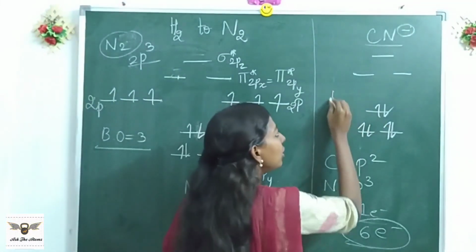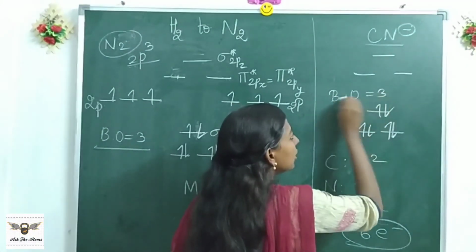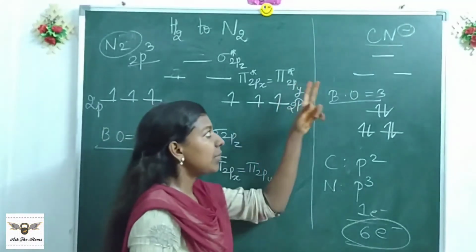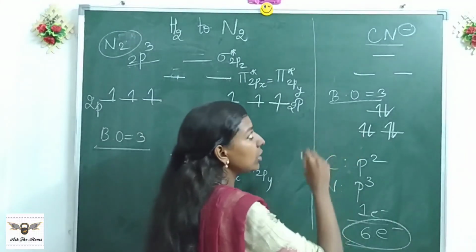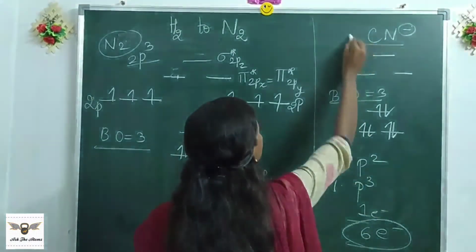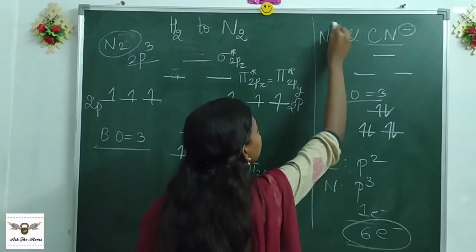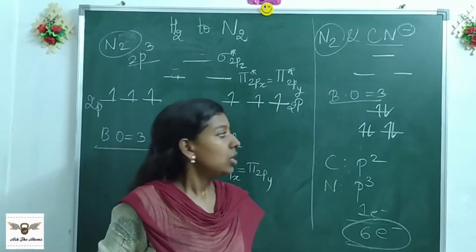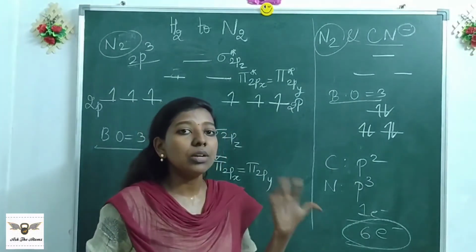It is a diatomic molecule and the bond order is also 3. CN minus is the same as nitrogen, correct? So I can say CN minus and nitrogen are isoelectronic and isostructural molecules. So you can do this. Similarly you can try for any other.